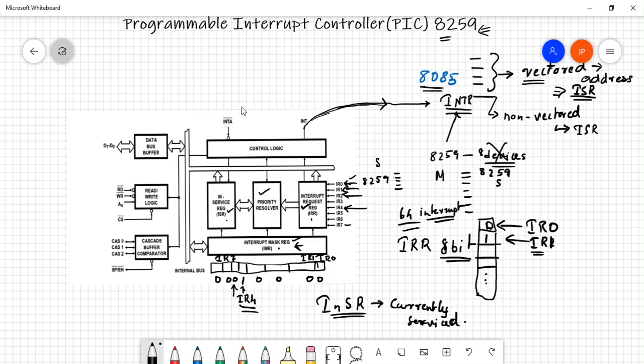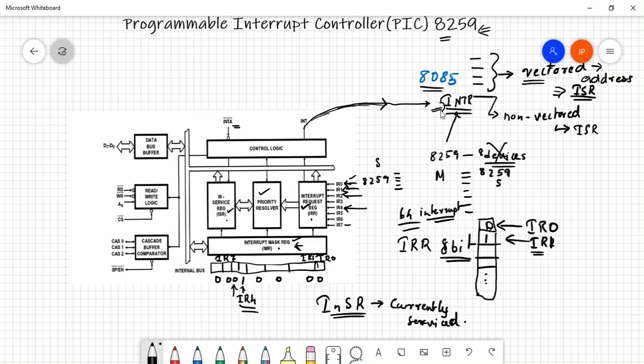Now there is a pin over here which is known as the INTA bar, the interrupt acknowledge pin. As we have seen, the INTR pin of the 8085 has the lowest priority among the interrupts. There are 5 interrupting pins.